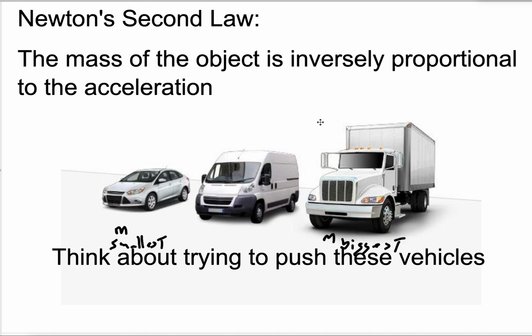So the more massive the object is, if you provide the same force, the acceleration is smaller and smaller. Does that make sense to you guys? Okay, that should make sense because you live your life on the planet Earth, and that's just the way things are, right?